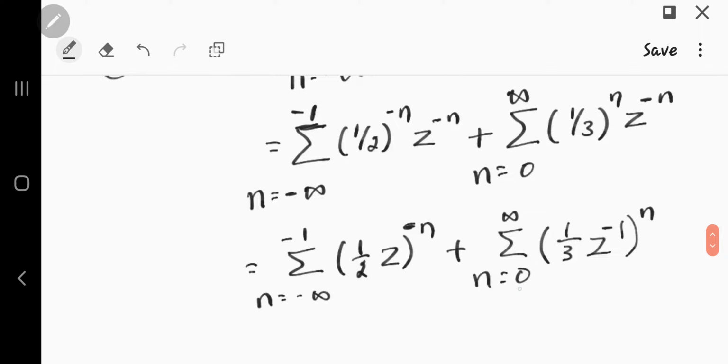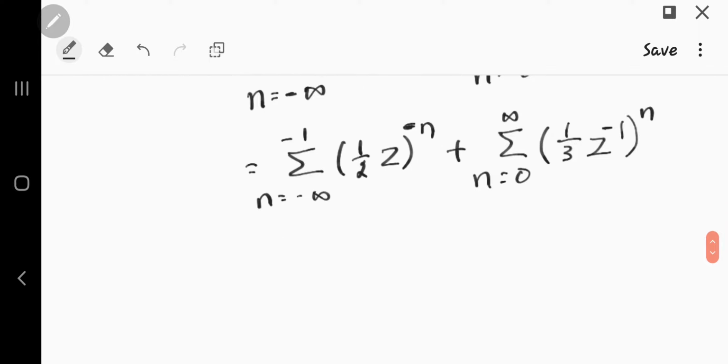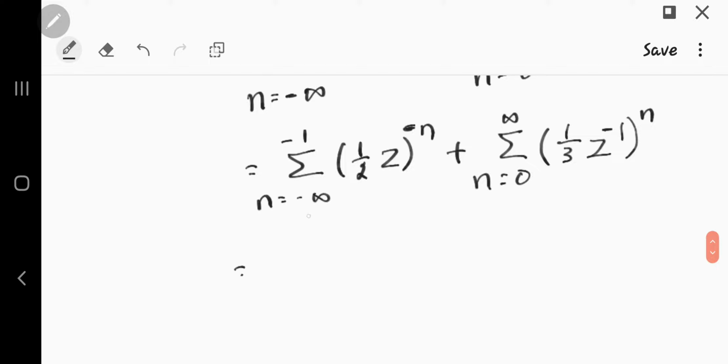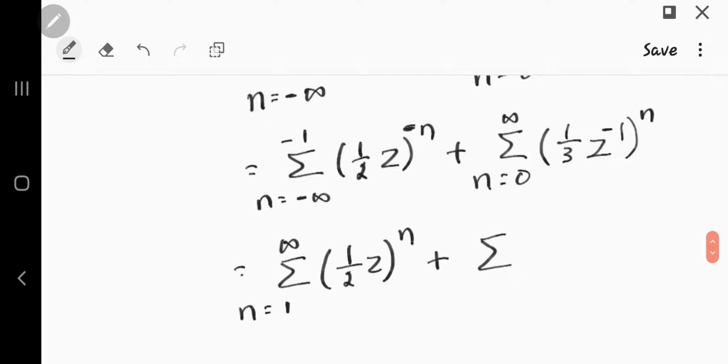Now this one, you can see the limit 0 to infinity a to the power of n. This is in the form. Now this one we have minus n here, and if you observe, the limit is from minus infinity to minus 1. Now if I change that limit to n is equal to 1 to infinity, then it will be 1 by 2 z to the power of n, and the next term will be 0 to infinity 1 by 3 z inverse to the power of n.